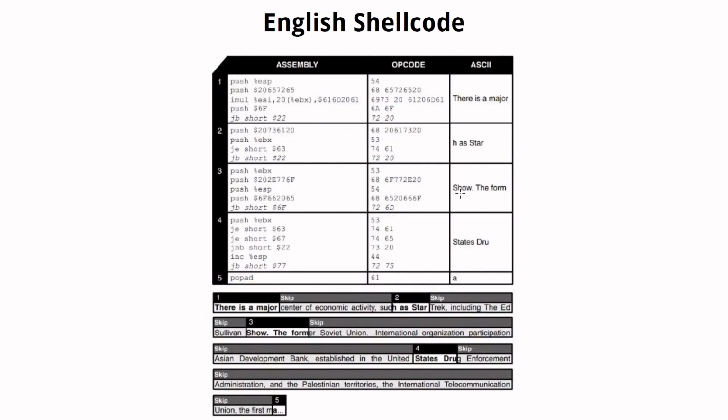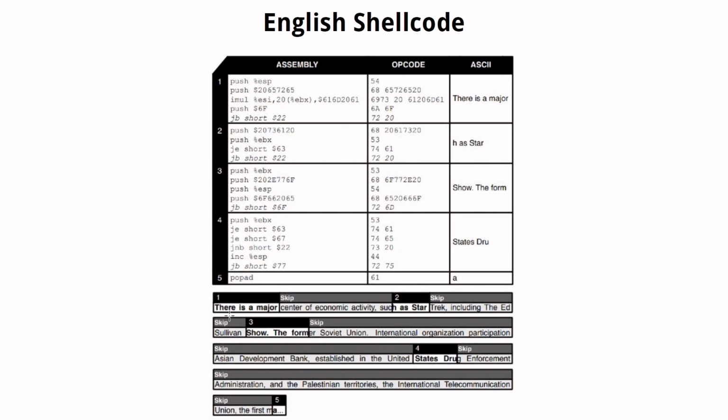So here's an example. The English version is this paragraph, right? There is a major center of economic activity such as Star Trek. Maybe it doesn't make sense as English, but still, at first glance, it looks like English, right? If you interpret this as ASCII characters, it reads like English.